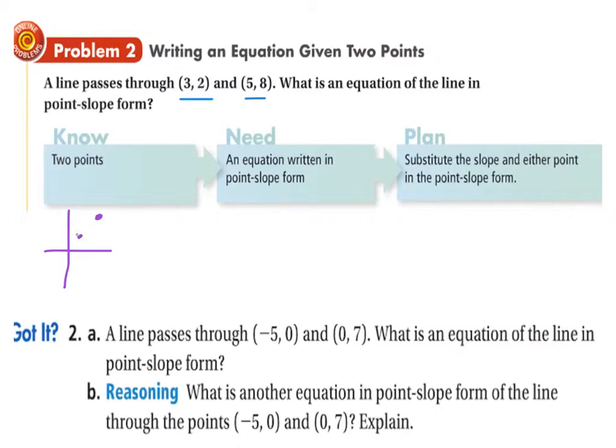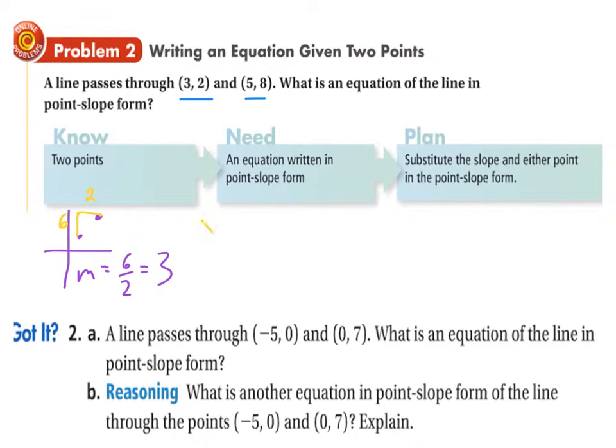Again, I always start at the left and I want to find my rise first. So from 2 up to 8, that's a rise of 6. And from 3 over to 5, that's a run of just 2. Of course that's not drawn to scale, but it looks like the slope is 6 over 2, which reduces down to 3. Once I have that slope of 3, I could use either point in order to write the equation for that line.